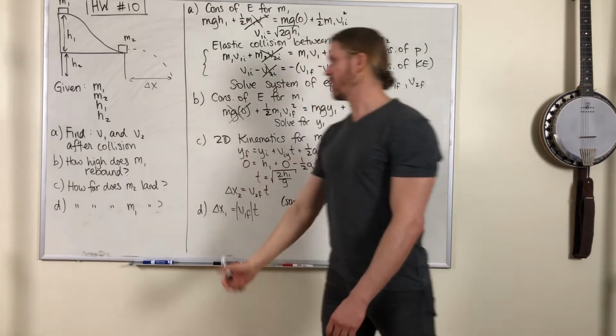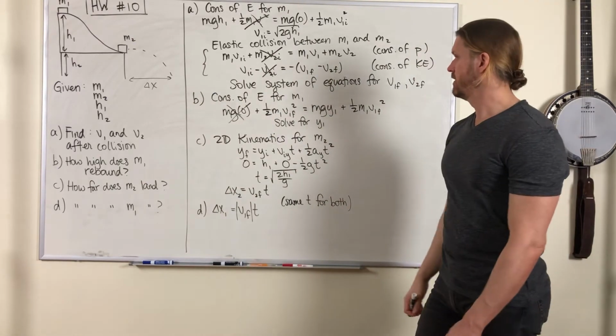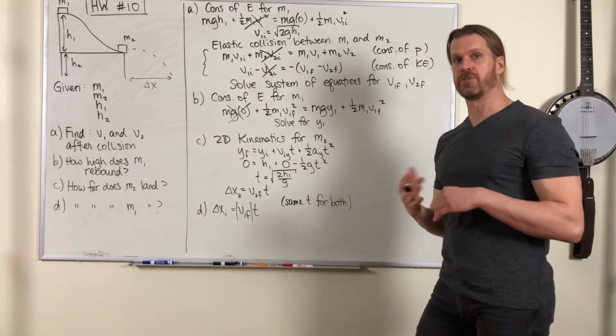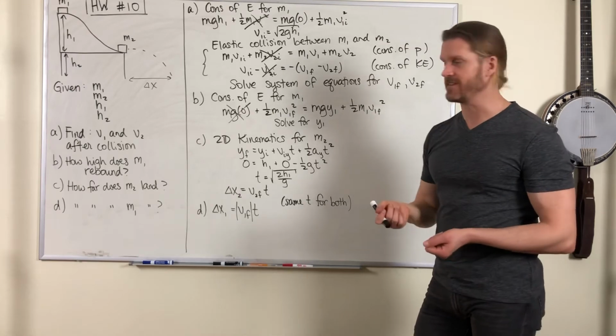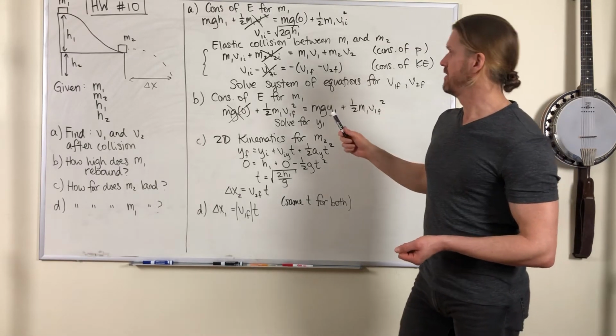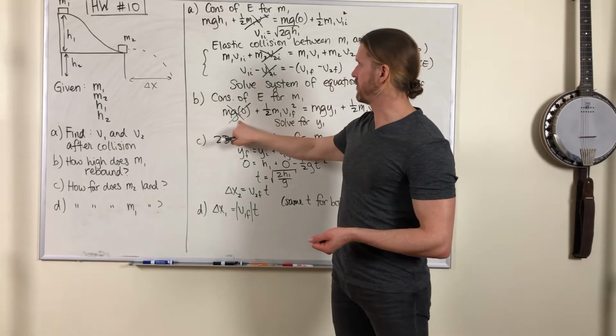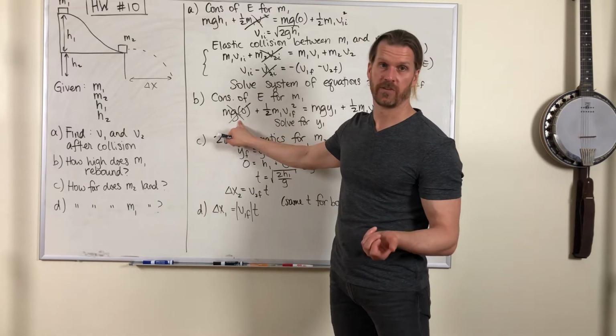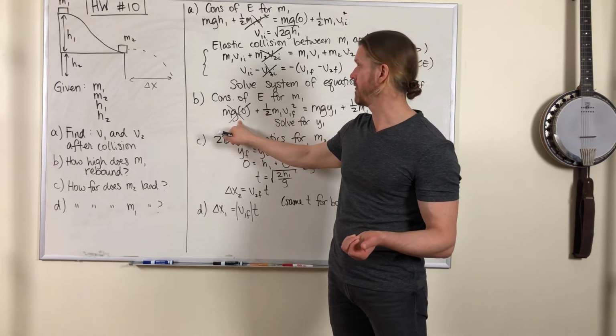Okay, next question. How high does mass 1 rebound? Well, now we can use conservation of energy again. There's the initial potential energy. Again, we're saying 0 at the table height.